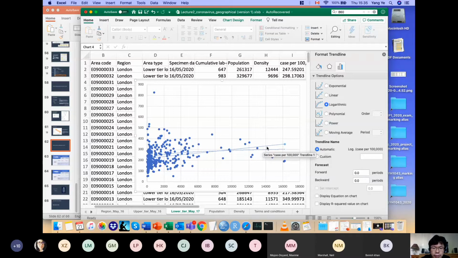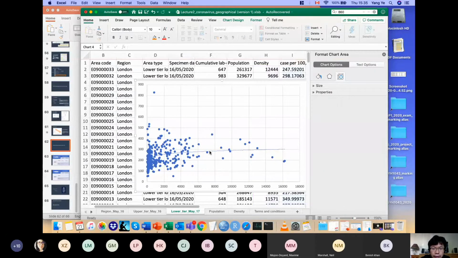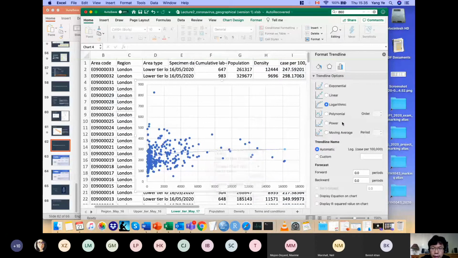So if we delete the previous trend line and now add a polynomial trend line, this might actually fit better. There's an increase as the density increases to a certain point, the infection rate goes up.